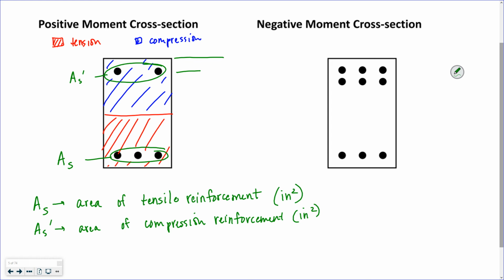The distance to the centroid of my compression steel is D prime, and the distance from the extreme compression fibers to the centroid of my tensile steel is D.